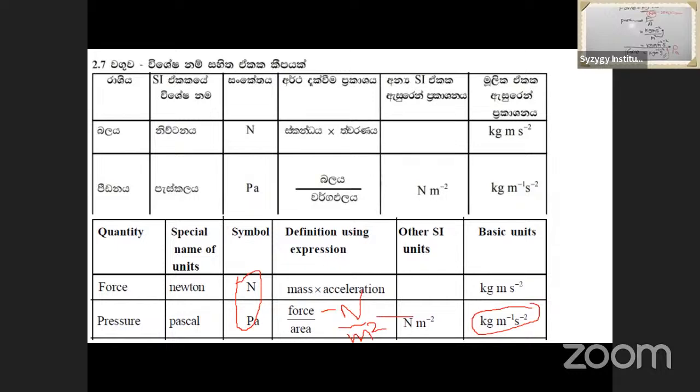Then you can write it as N m minus 2. This is using basic units, this is the special name, and this is using other SI units. Clear?